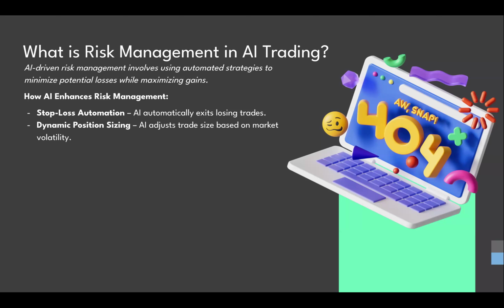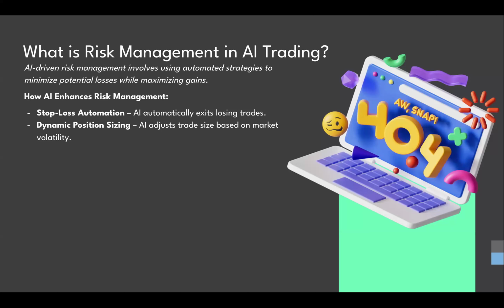AI can adjust the trade volume, for example, based on the market volatility of the asset you're trading. So it will analyze and say, okay, this is the direction the market is going. How can I leverage this? How can I be safe when I go to the market?